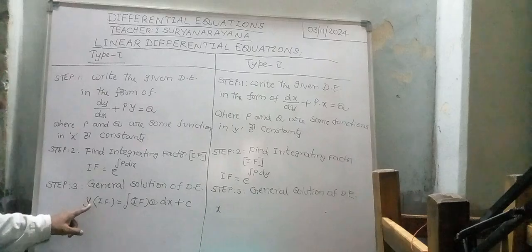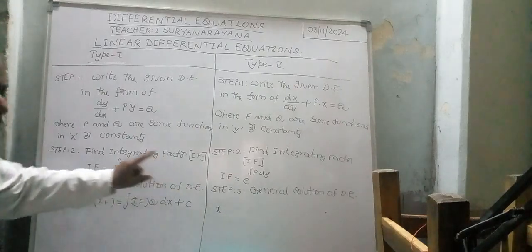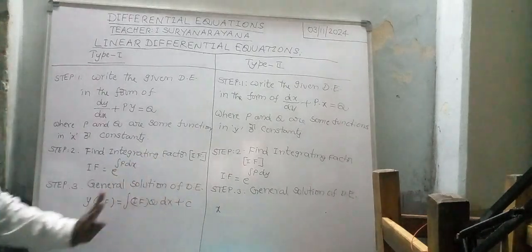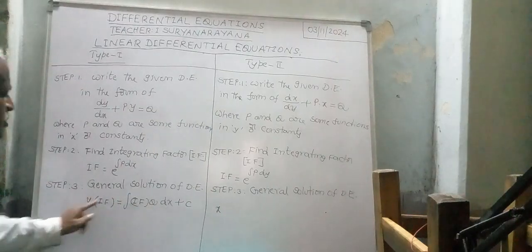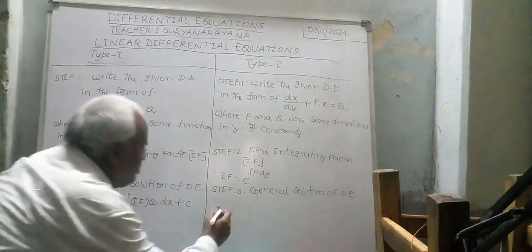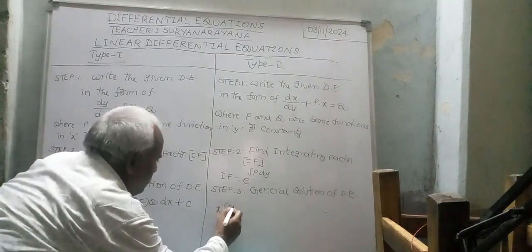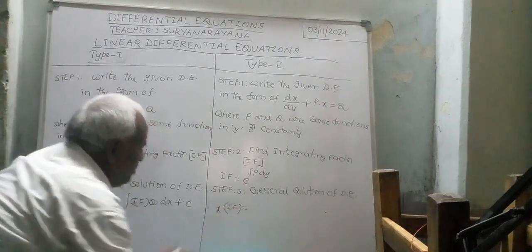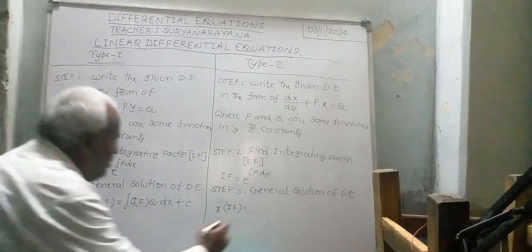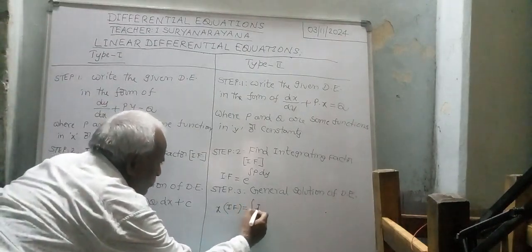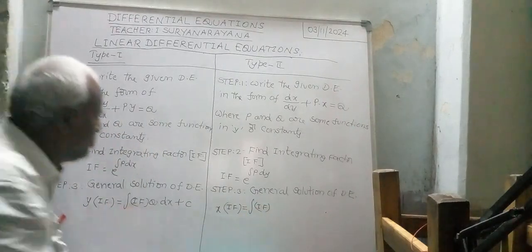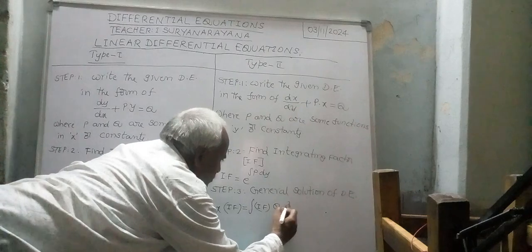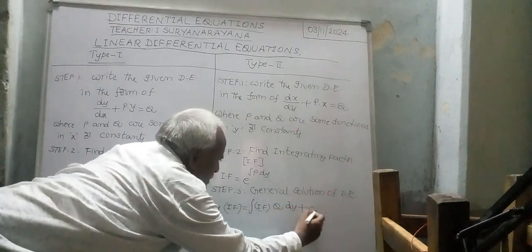In the place of y we just write x, in the place of dx we write dy, that's all, the remaining is the same. So here, write x into integrating factor is equal to integral of integrating factor into q dy plus c.